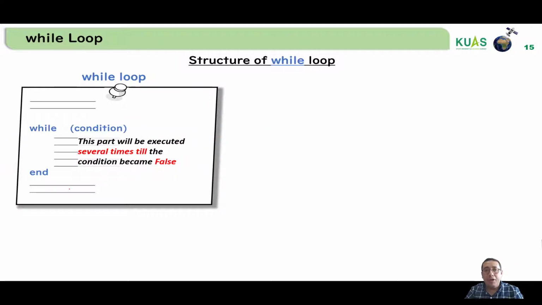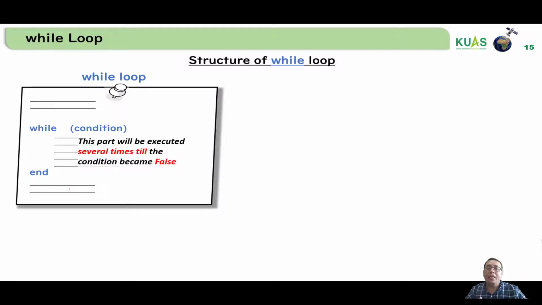The major difference between the while loop and the for loop is that in the for loop, we know how many loops we will do because we know the start, the end, and the spacing. But in the while loop, we don't know how many loops we are going to do.